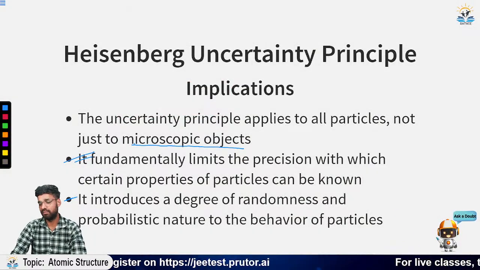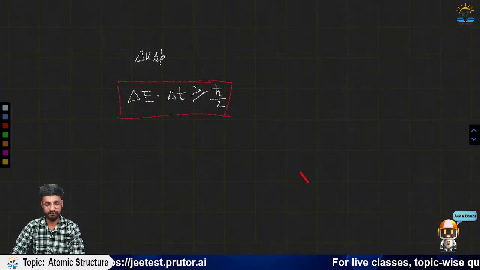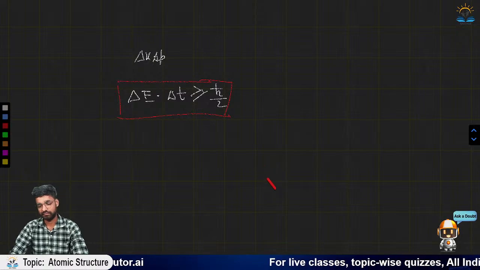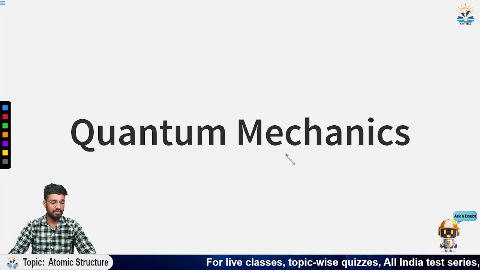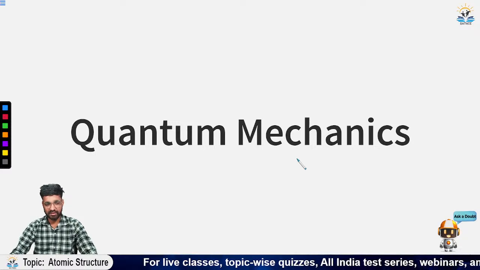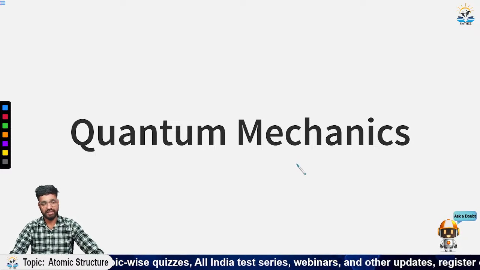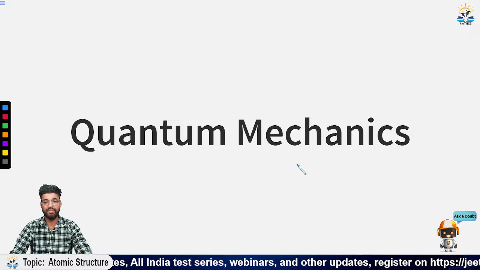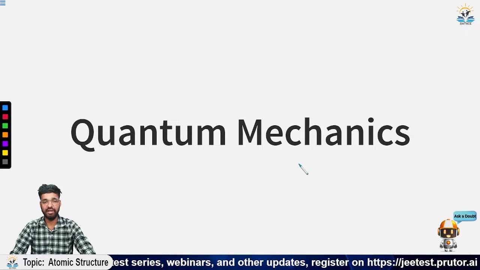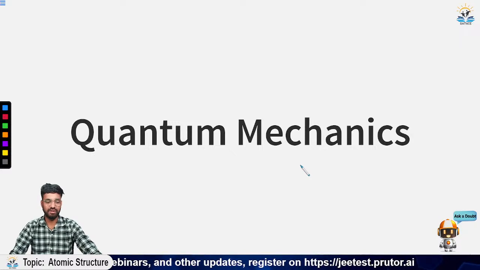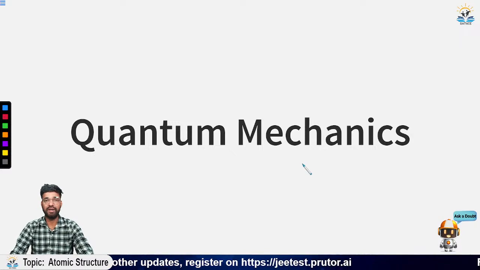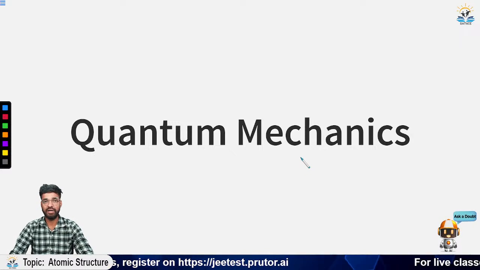Okay. Now let us move to our next topic. With this introduction of the Heisenberg uncertainty principle and the thing which we considered in the first class of atomic structure, that was the de Broglie hypothesis, which considered microscopic particles both as wave and particle.